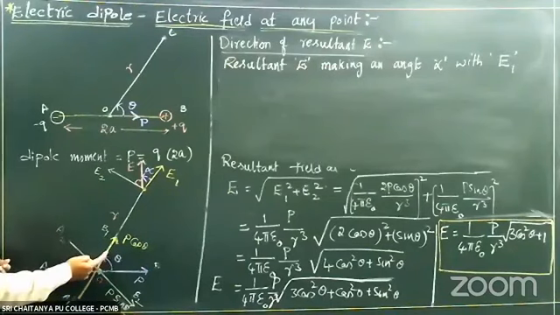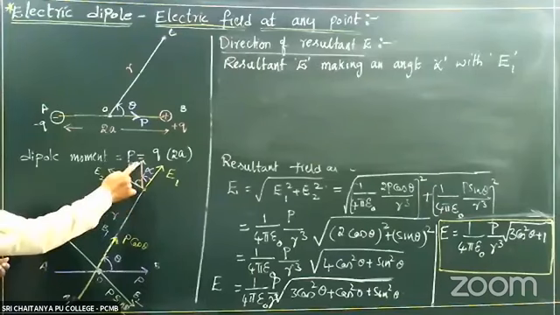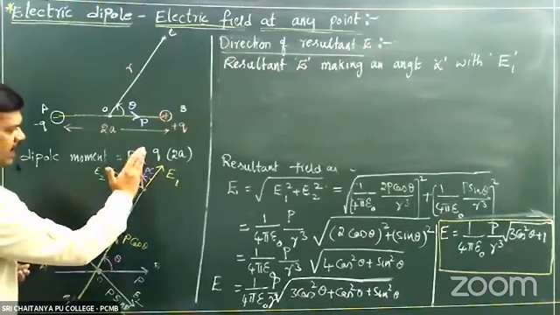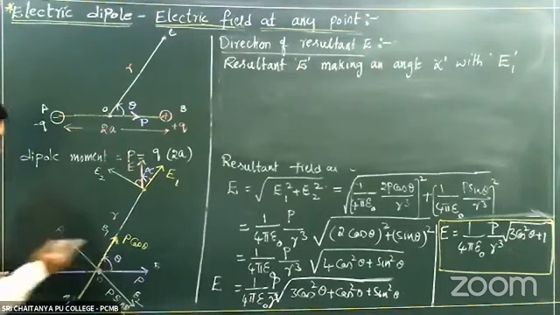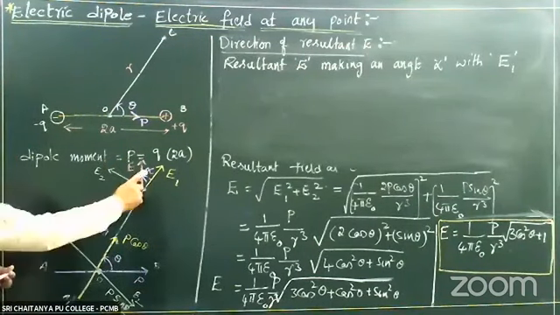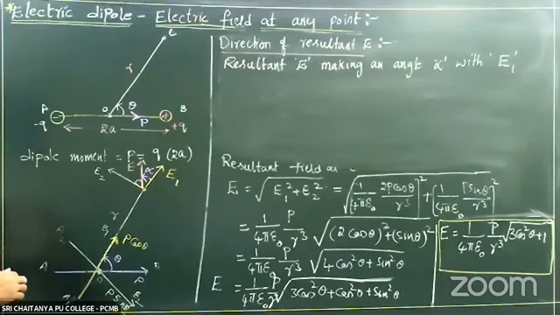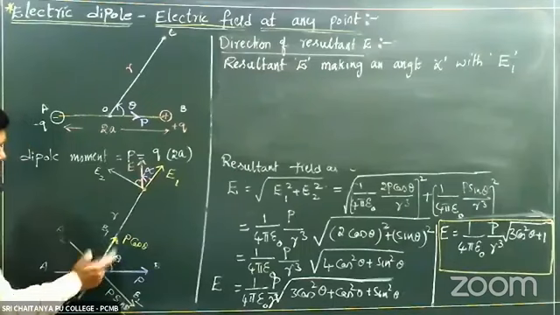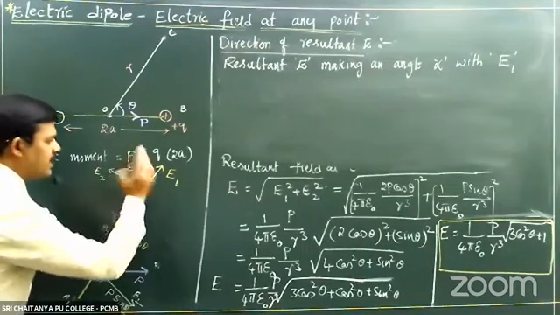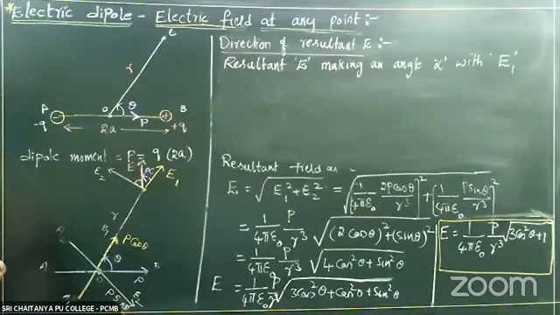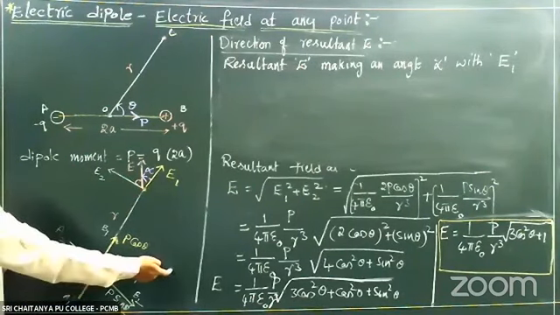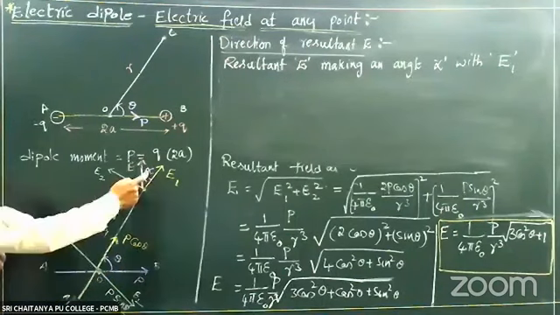So first, this line is making an angle theta with axis. To this line, this resultant is making an angle alpha. What is the angle between this E and this P, this axis? Theta plus alpha. Is it not clear? With this line, this is making an angle theta. With this line is making an angle alpha. So what is the angle made by this E with axis of the dipole? Is it not theta plus alpha?